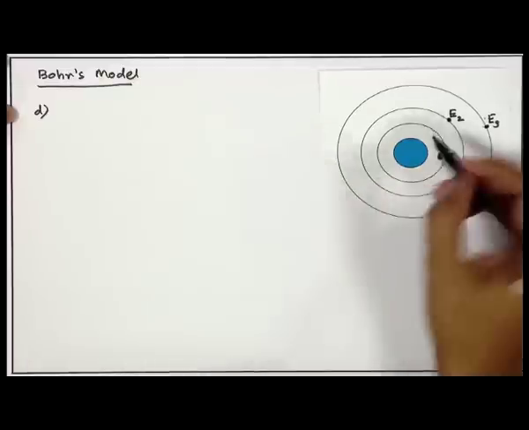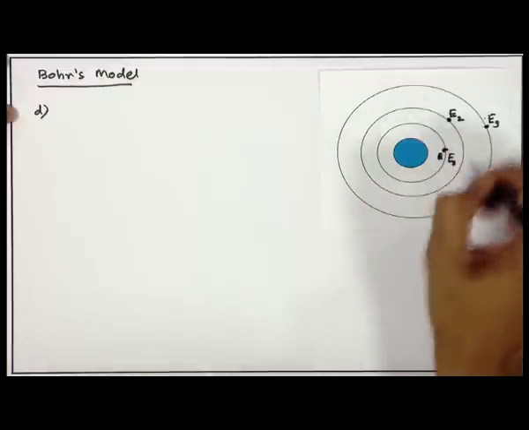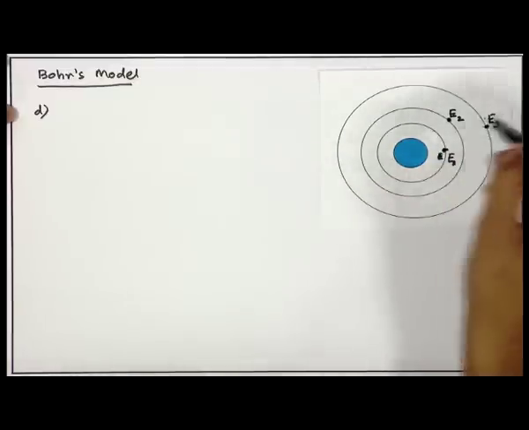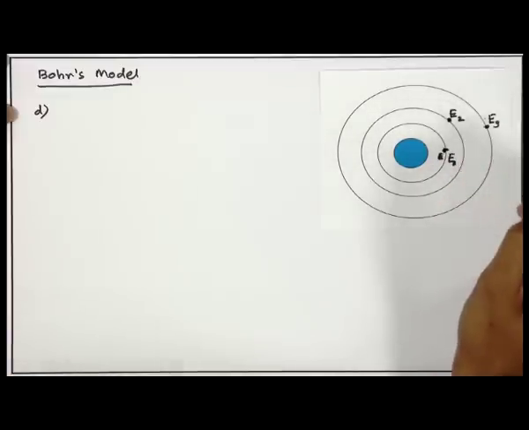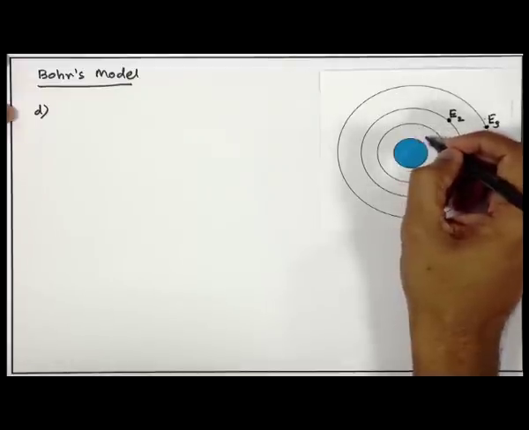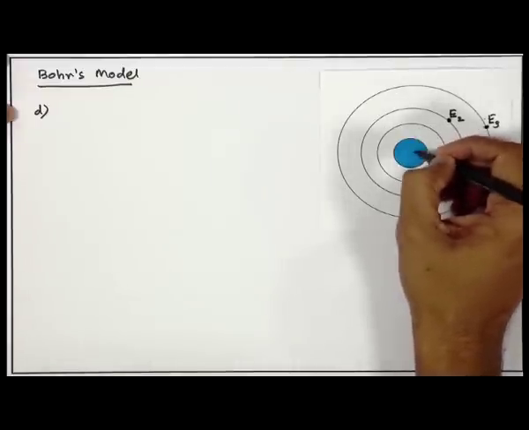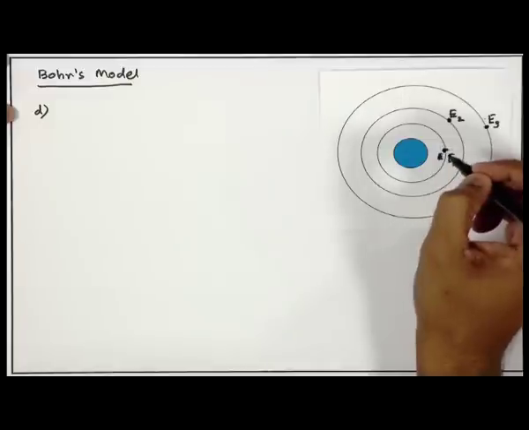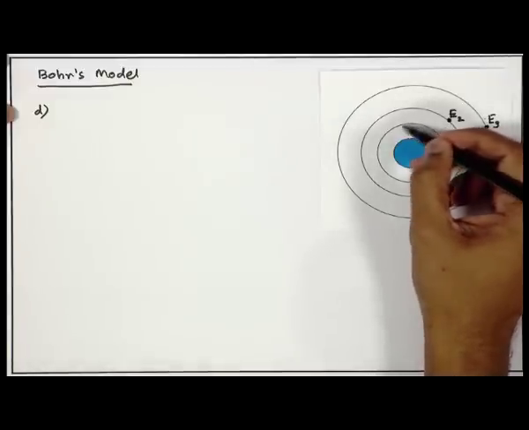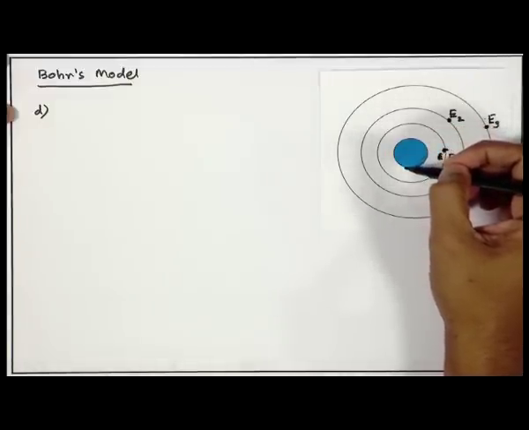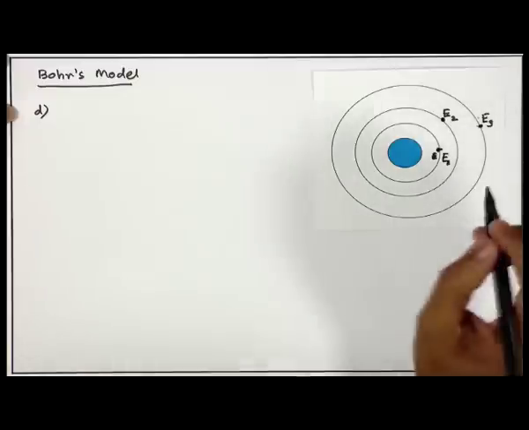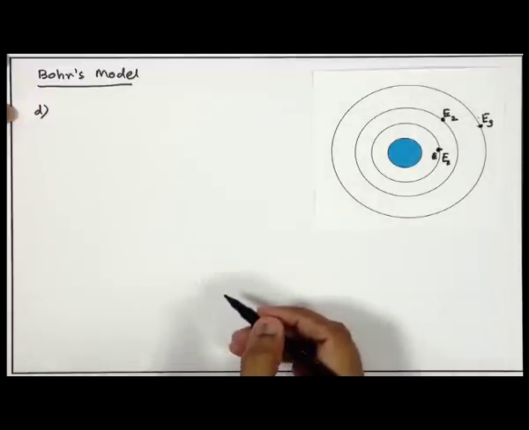Niels Bohr suggested the electron goes around this circular path, and each orbit has a certain amount of energy E1, E2, E3, but what is the value of the radius of these orbits? Can the electron choose any radius that it wants, or is there a restriction? Niels Bohr imposed a restriction on them.